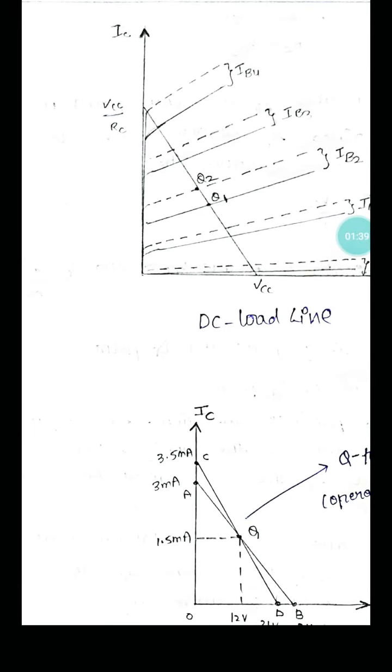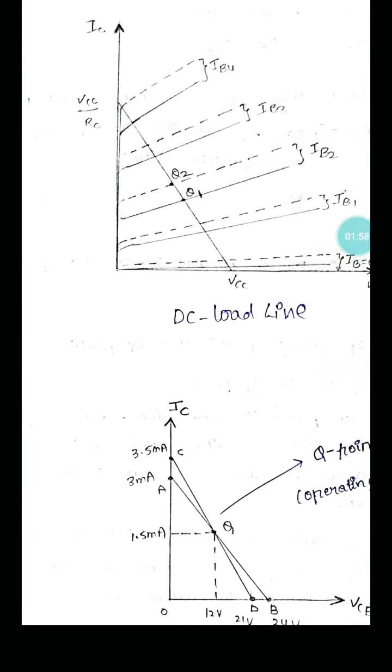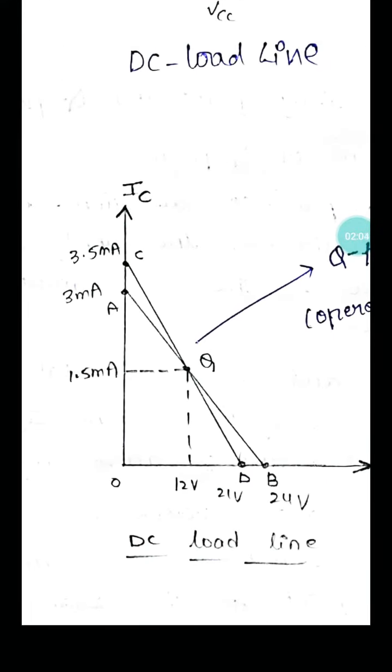Okay, the middle of the point is equal to the Q1 point. Now after that, joining all these points, we get one line. This line we can also call DC load line or load line. Based on these points, one more operation here, intersection of this Q point.